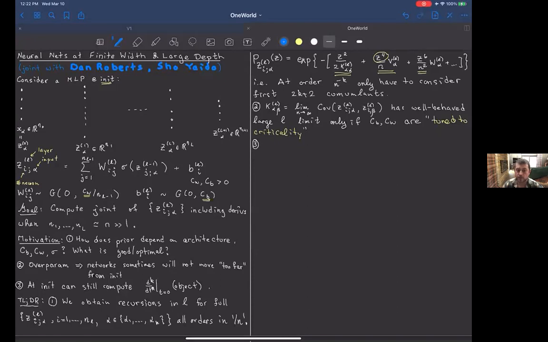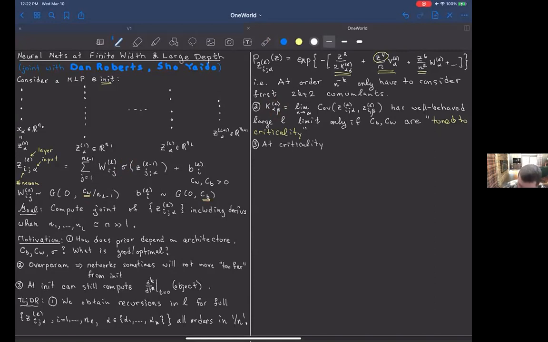But one of the things that we do that's completely new is the following. The third thing is that at criticality, in other words, you tell me the sigma you want, your nonlinearity, and then I tell you how to choose C_B and C_W in an appropriate way so that the Gaussian infinite width limit is well behaved. We can then actually study the finite width pieces.